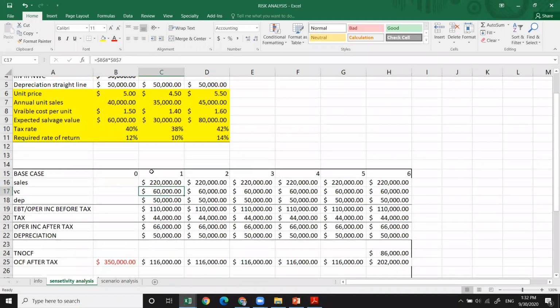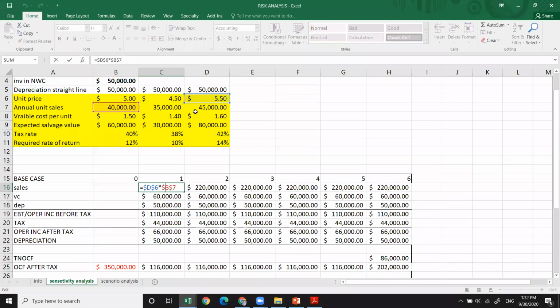What if I change the unit sales? Put everything back, but I change only the unit sales. My unit sales is not 40, but 45,000. What will happen to my NPV if I change only the unit sales? And I have to change the variable cost part as well.